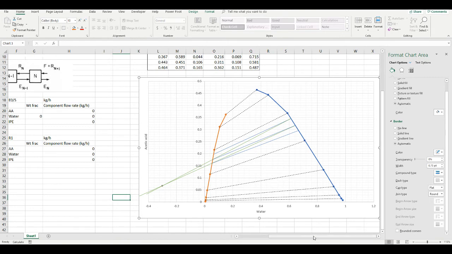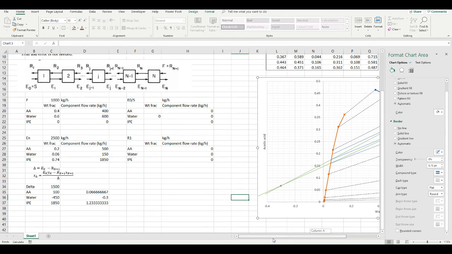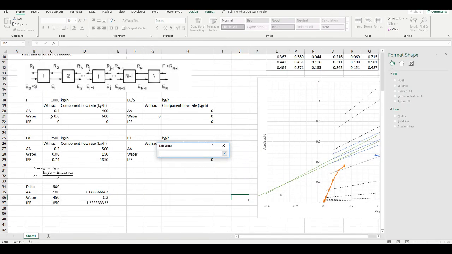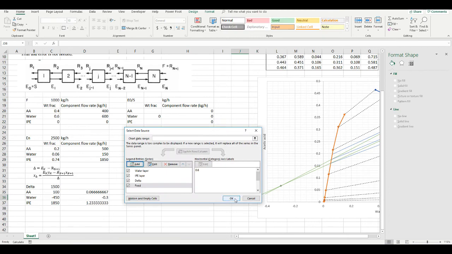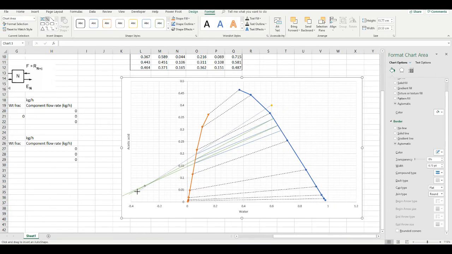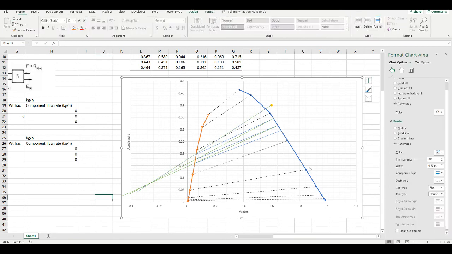So just as a final sanity check, let's just check the composition of our feed line and make sure that it is collinear with the En point and the delta point. And it is indeed collinear, so that means that our delta point was correctly positioned.